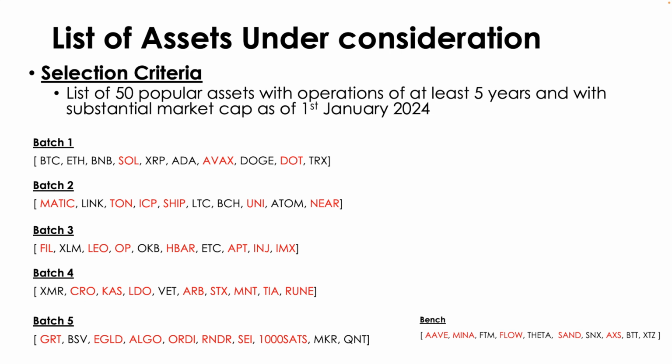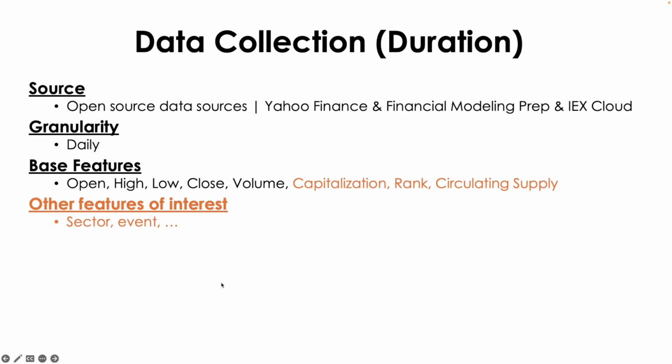We can use it for learning some practical applications. So that's the criteria I used to choose these assets. There are 50 of them as I've listed here. And I added some extra assets in case I was unable to crawl the data for some of these assets, in case they weren't available.